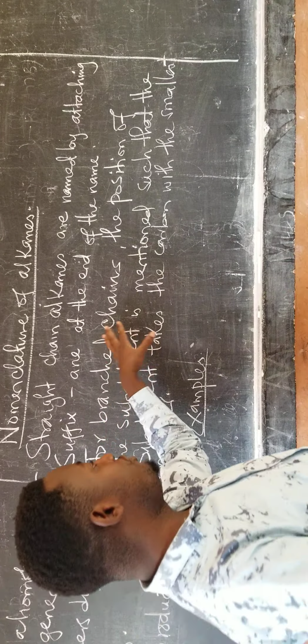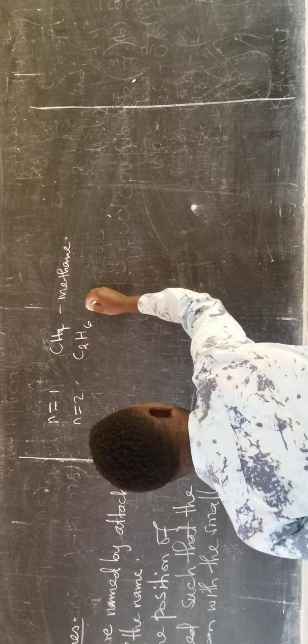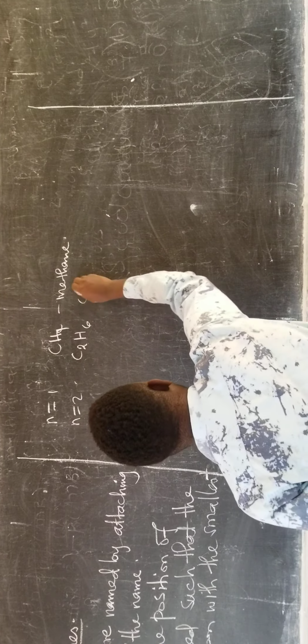So when n is 1, that is CH4, we have called it methane. When n is 2, that is C2H6, this is the molecular formula, this is the structure formula, and we have called it ethane.